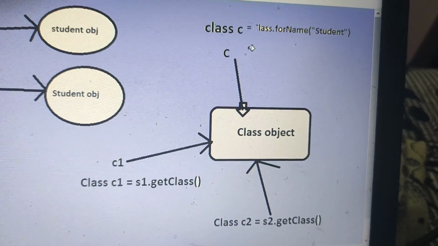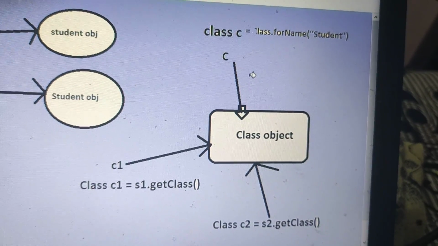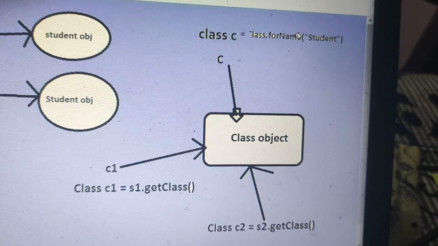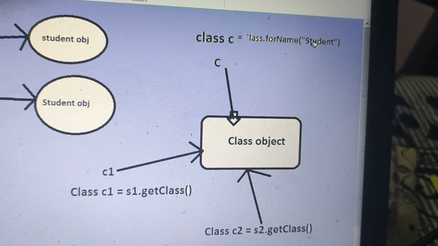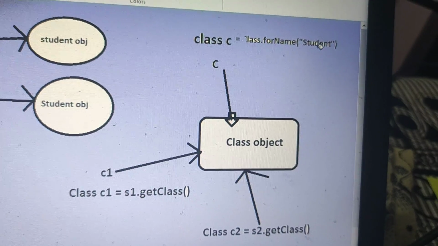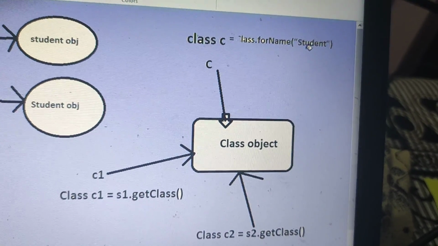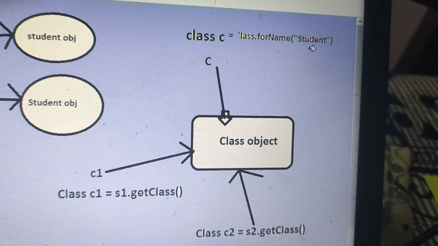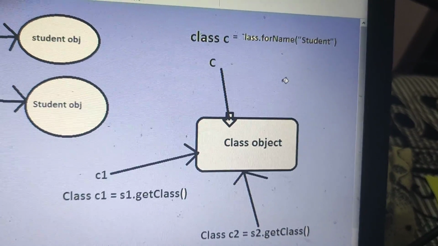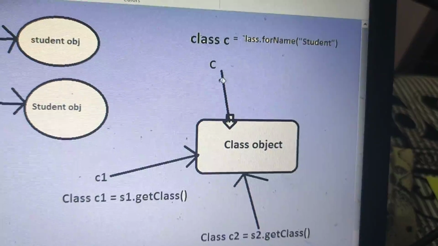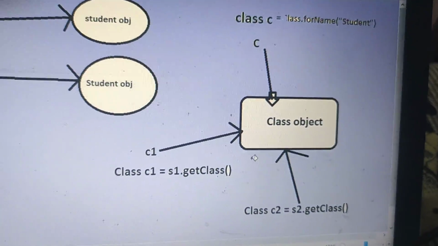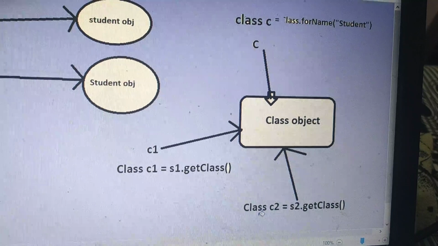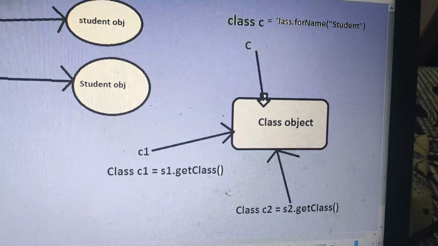We have seen two ways to create the Class object. One is using the forName method, mentioning which class you want the Class object for. In our case we have taken the Student string here, so this c is referring to this Class object. Afterwards we have created two more by using the getClass method.